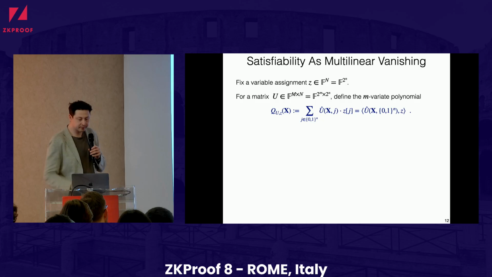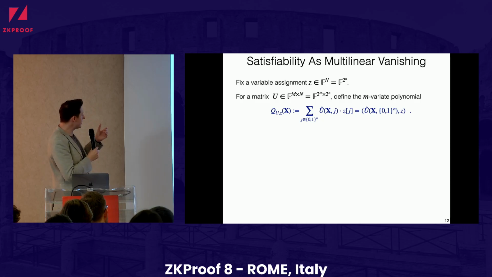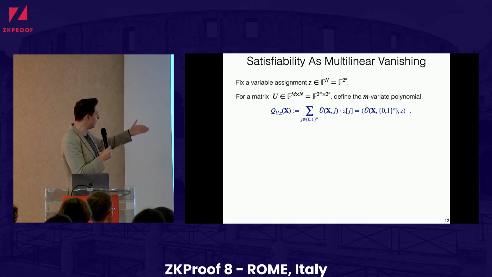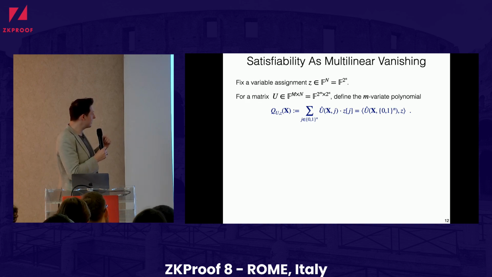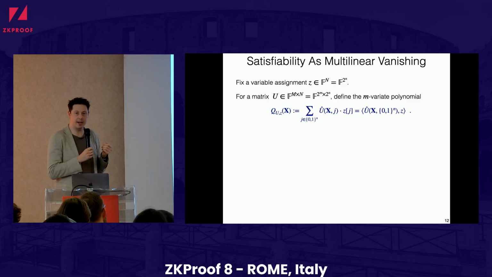So you have these matrix-vector products, and in particular, I can look at them as a multilinear extension of the matrix times a vector, and this gives me a natural linear constraint with an indeterminate, right?